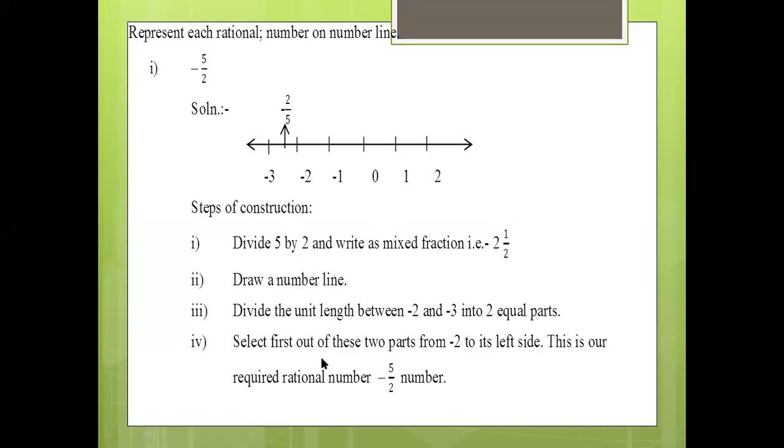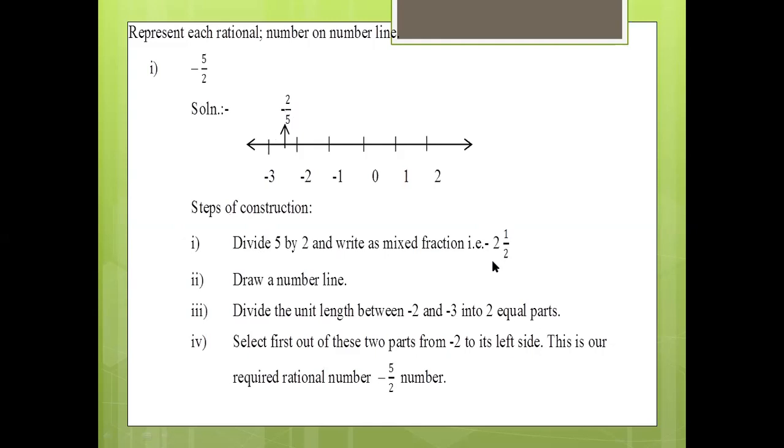It's compulsory. The steps of construction also help you when you do this question after a month or for your exam. Then you know how you draw it. These steps easily tell you how to draw this number on a number line. So divide 5 by 2, and you get the answer minus 2 whole 1 over 2.